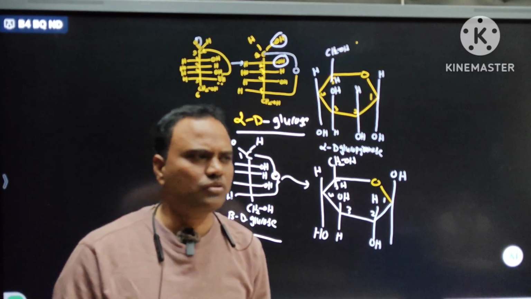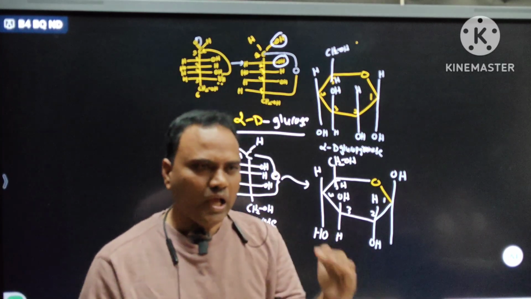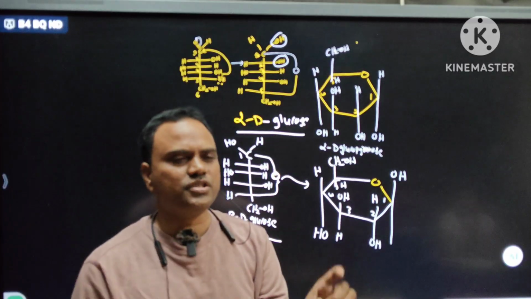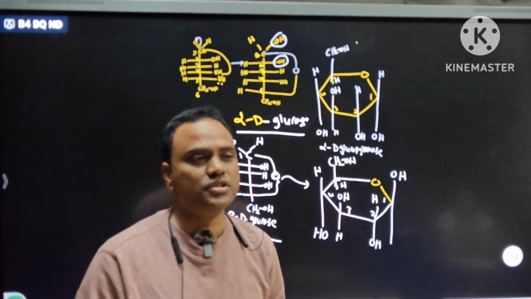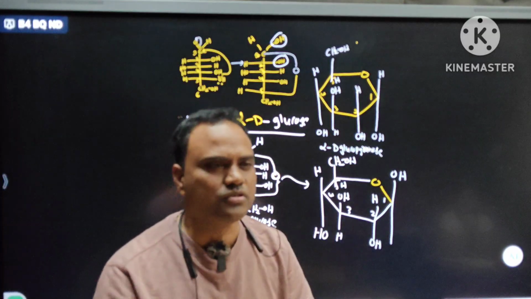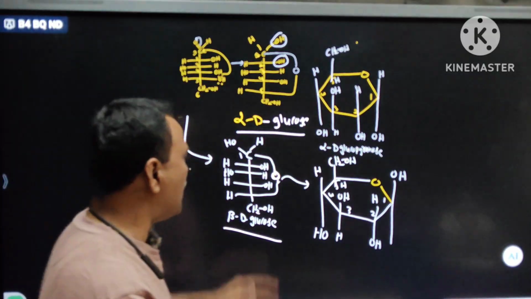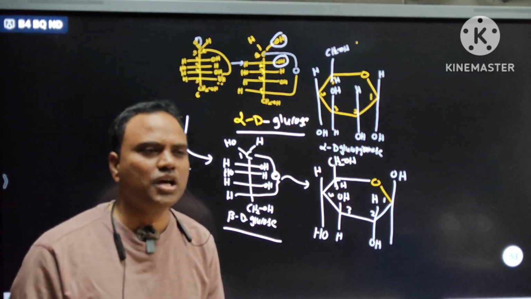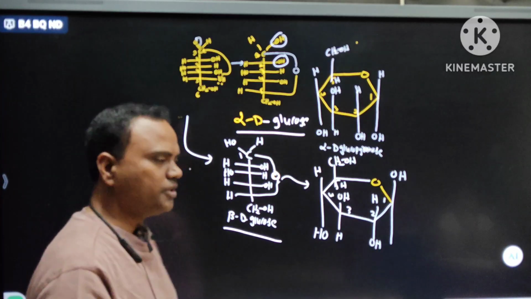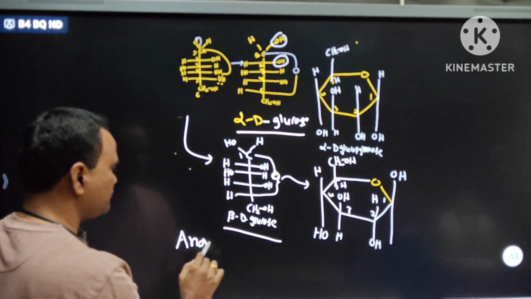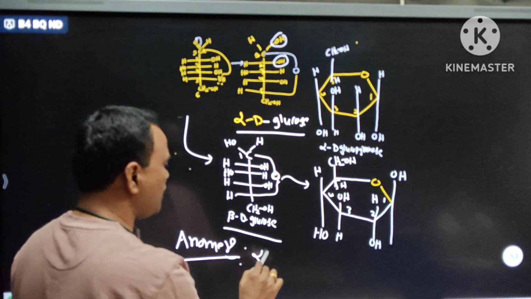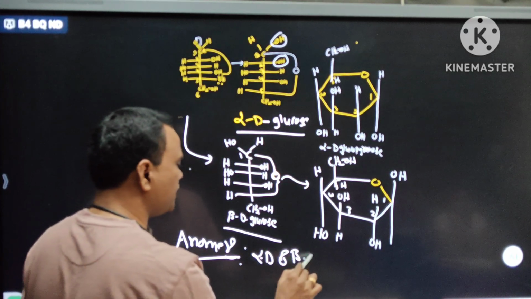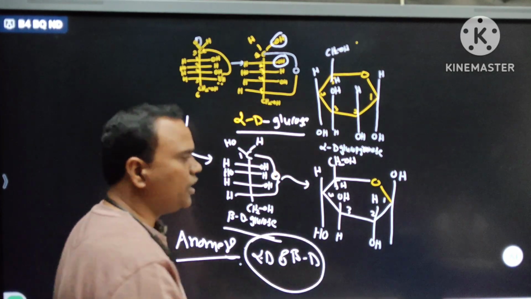C4 also, like glucose and galactose. Anomers differ at the first carbon only. Epimers differ at any carbon other than the first. So alpha D glucose and beta D glucose are anomers.